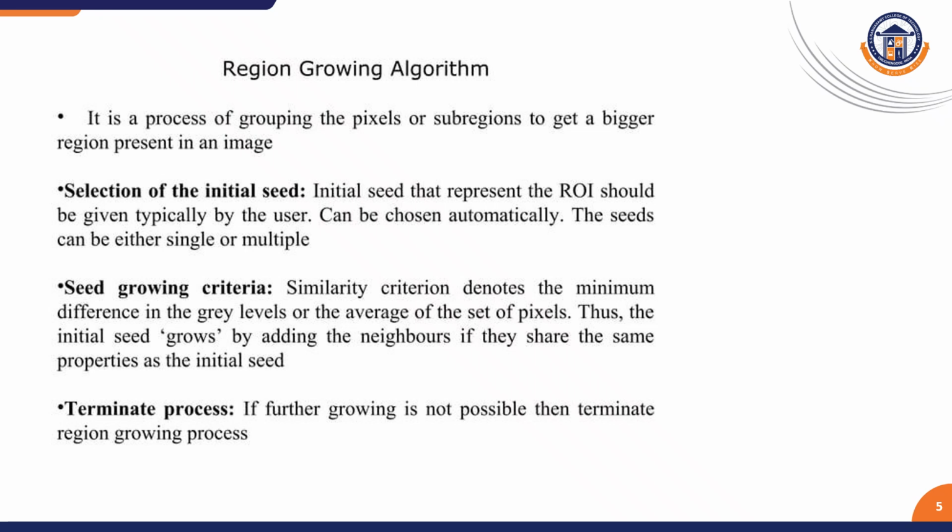The seed growing criteria is a similarity criteria and denotes the minimum difference in gray levels, or the average of the set of pixels, which must grow by adding the neighbors if they share the same properties as the initial seed. Next is the terminating process. If further growing is not possible, then terminate the region growing process. This is the region growing algorithm, with the steps given here.